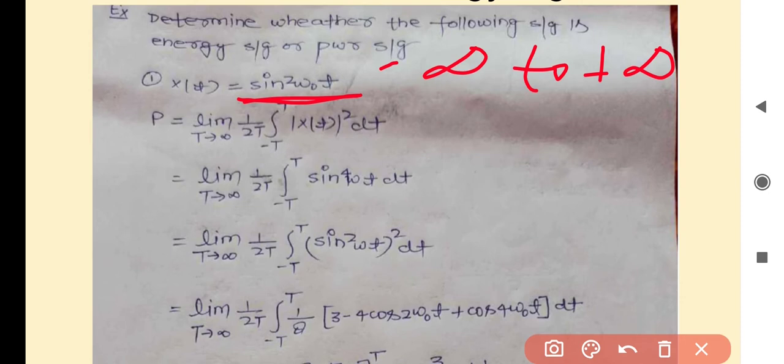So this is a signal of infinite duration, and also sin square omega naught t is a periodic signal. What I told you earlier is that if a signal is periodic and has infinite duration, then the energy of this signal will always be equal to infinite.